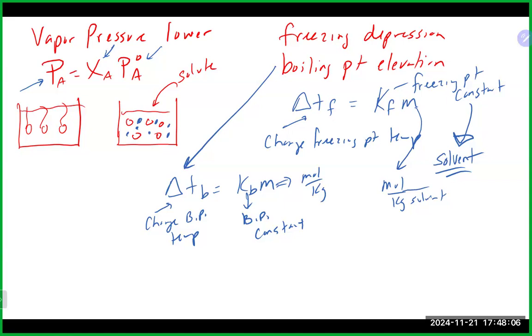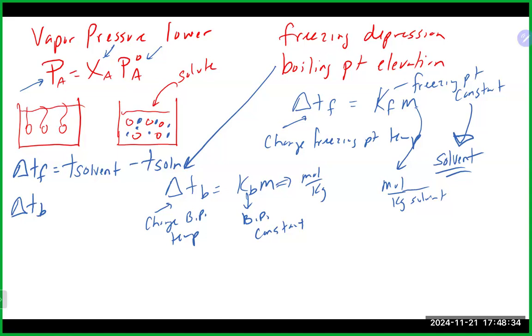Remember that there is an important relationship in terms of the change part of this. If you're doing the change in freezing point temperature, that would be the temperature at which the solvent normally freezes minus the temperature of the solution. That's because the solvent will freeze at a higher temperature than the solution will. That is different than when you're doing the change in the boiling point temperature.